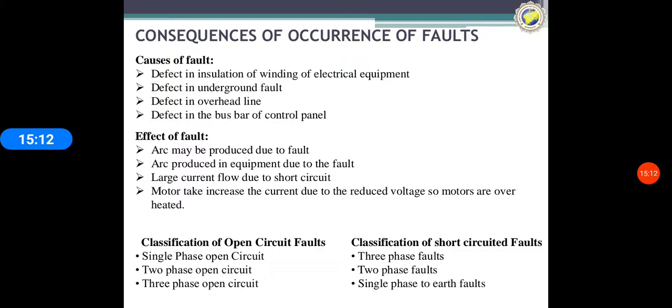Now the next one is a defect in the overhead line.